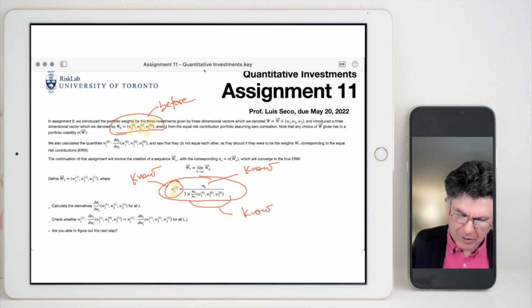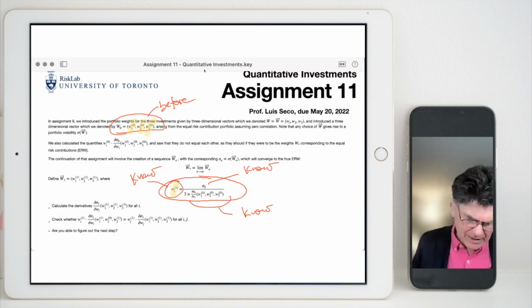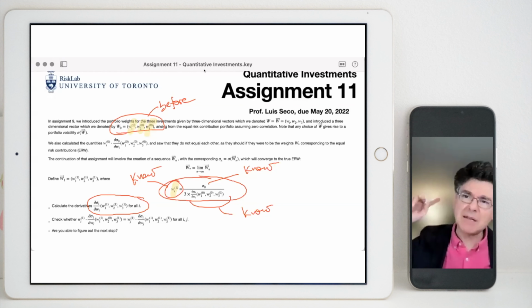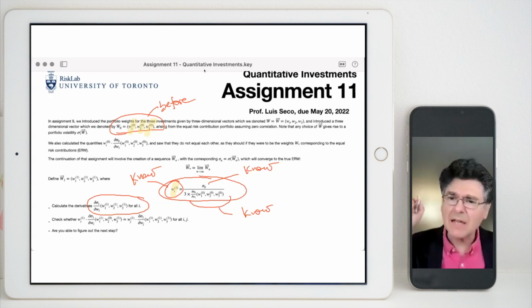If I go back to the assignment, this is something that you can calculate, right? Then I ask you to calculate the next set of derivatives, which you do exactly the same as in assignment 9, exactly the same. Is this clear to everybody?